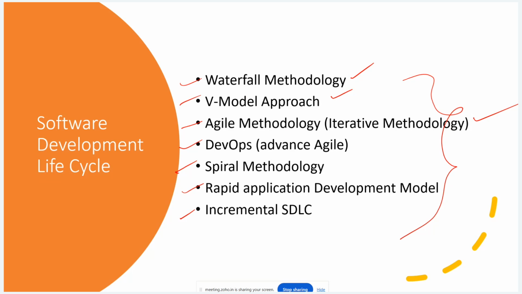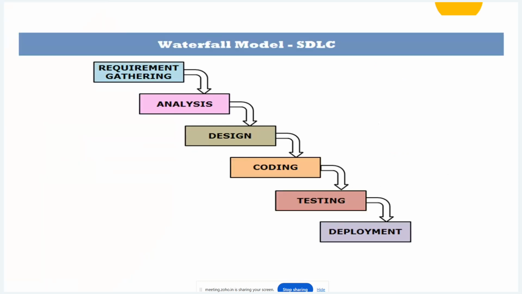Any one of the models is going to be used by the developer to develop software, but we should know how to validate it. So I'm going to teach you how to validate if developers follow the V model, agile model, waterfall, DevOps, or any model. Okay, so we should be aware of it. Correct, that we are going to discuss.